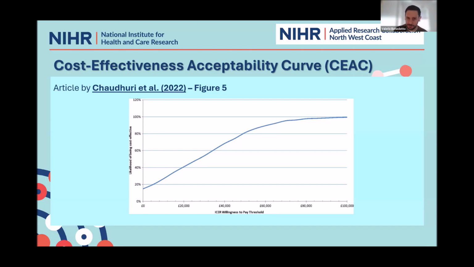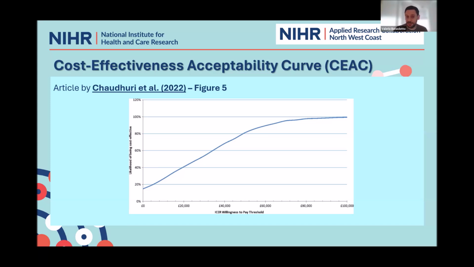Now, without looking at the particular paper or the particular healthcare interventions here, just connecting this figure to our everyday lives. If you have more money, so if you go to a supermarket with a lot of money, let's say, you are more able to buy certain things, so you are more able to accept the purchase of certain things. So that's what the graph is doing here.